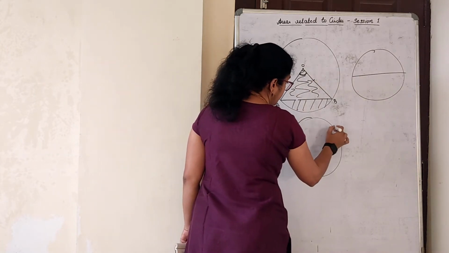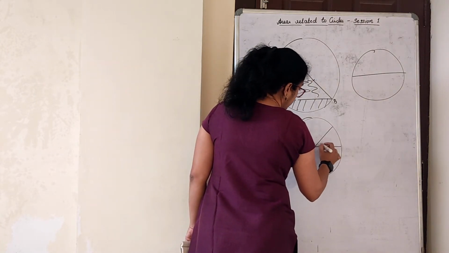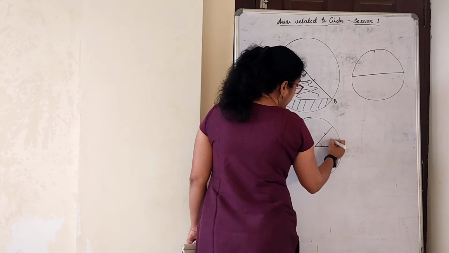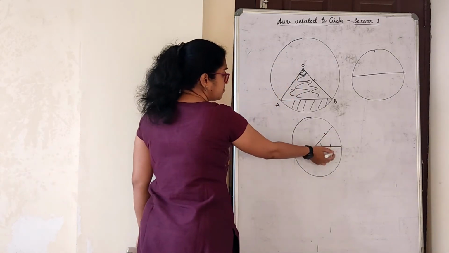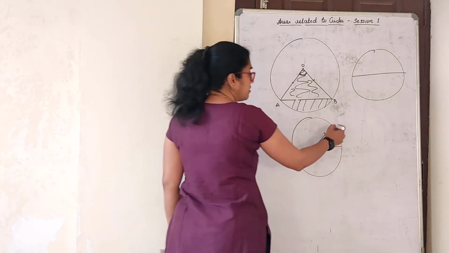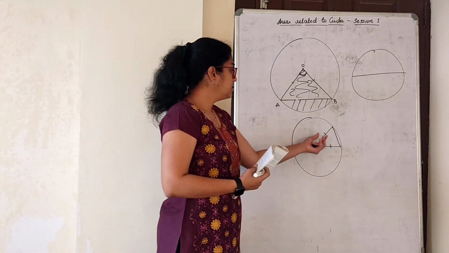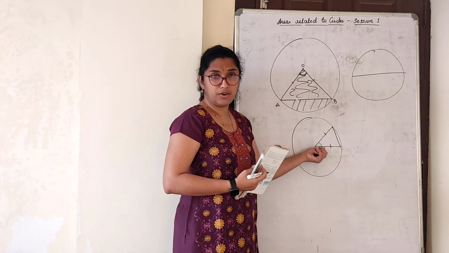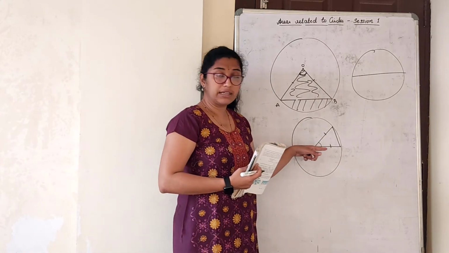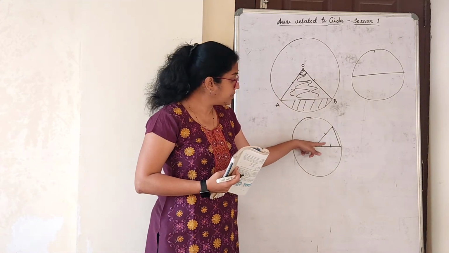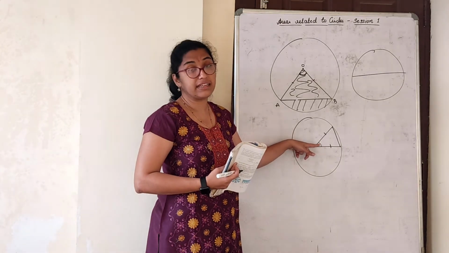These two are radii of the same circle. So what type of angle is formed here? Of course, an acute angle is formed here, the angle between the radii of the sector.